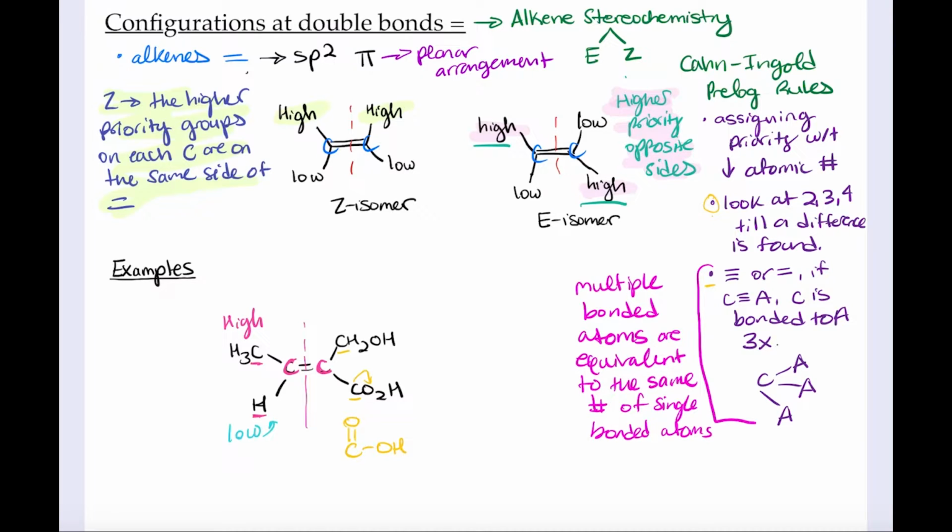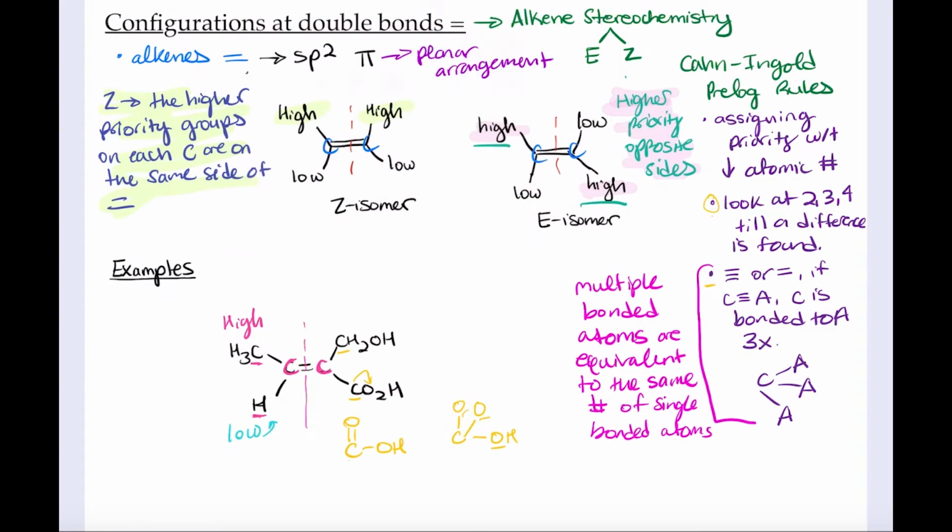Now this carbon bonded to this oxygen is bonded 2 times. So essentially carbon is bonded to oxygen 3 times, like this: 1, 2, and 3. So this means that this has a higher priority than this one up here.